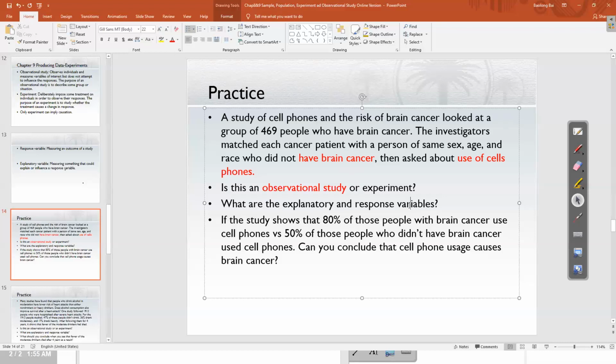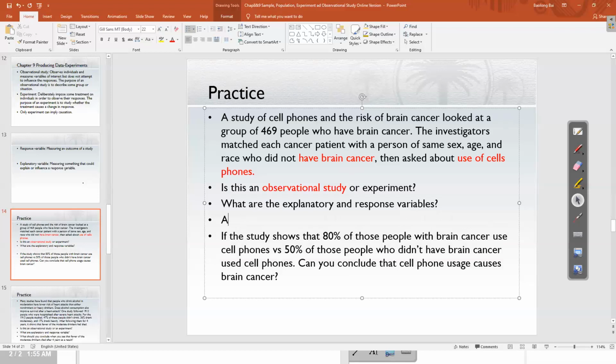If you struggle with this, I can give you a good strategy. Put a cause word between the two variables. Do you say having brain cancer causes using a cell phone differently, or using a cell phone will cause brain cancer to be different? Which one causes which? And of course, use of cell phones will cause brain cancer, right?